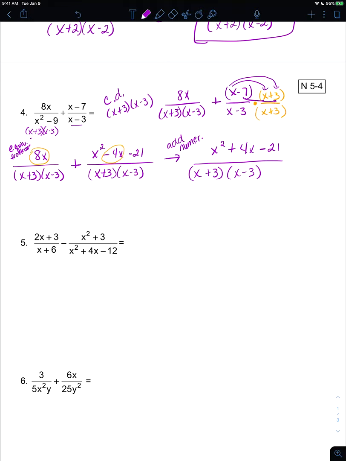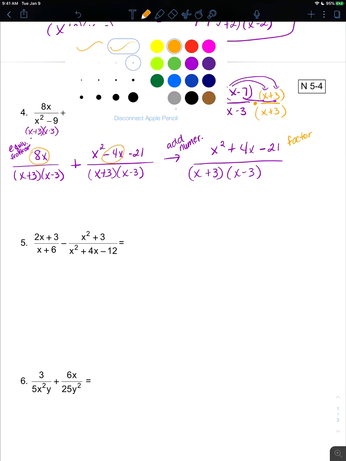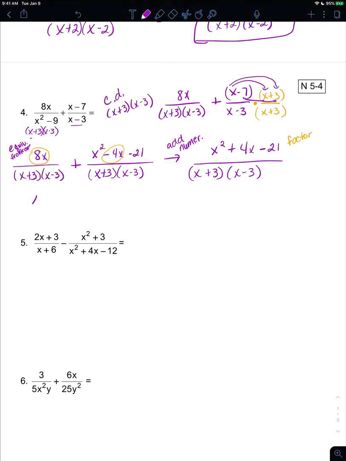Well, anytime I have a term like this, x squared plus 4x minus 21, I'm going to factor it and see if there's anything I can reduce. Well, if I factor x squared plus 4x minus 21, I'm going to get x plus 7, x minus 3.